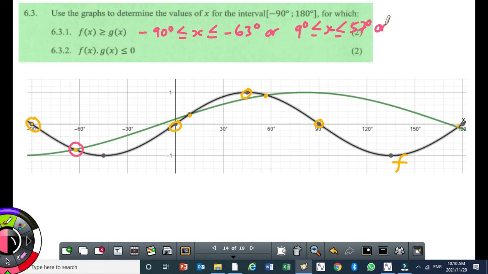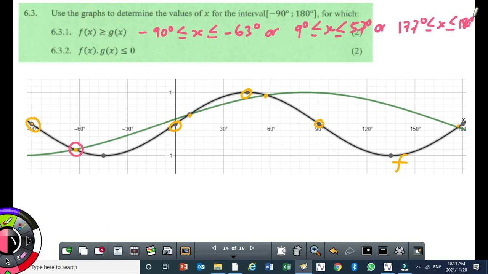The third solution will be x is between 177 and 180 degrees. So there are 3 solutions. I suspect that since it's 2 marks, if you wrote any 2 of those 3, then you get your 2 full marks. Are you following?